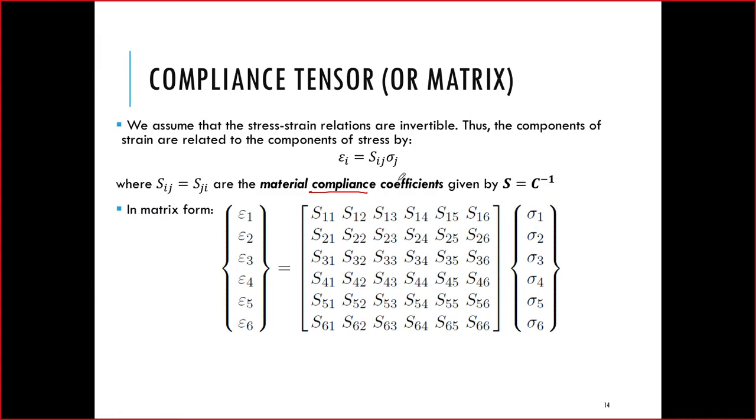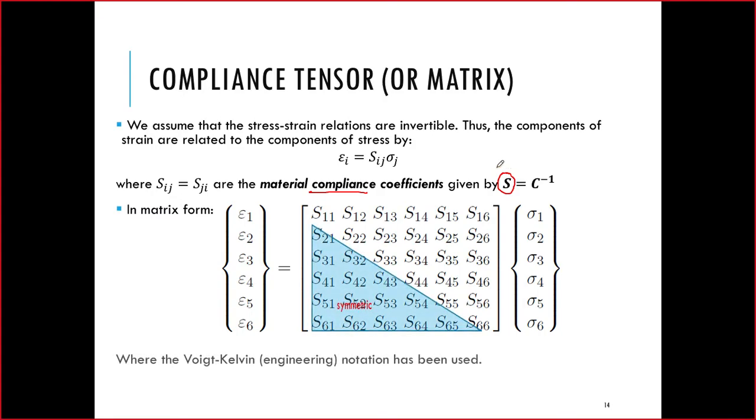It's a strange paradox, but the compliance matrix is represented by an S. That is, compliance is with an S and stiffness is with a C. I should look up why that happened historically, but yes, this funny little convention exists. Okay.